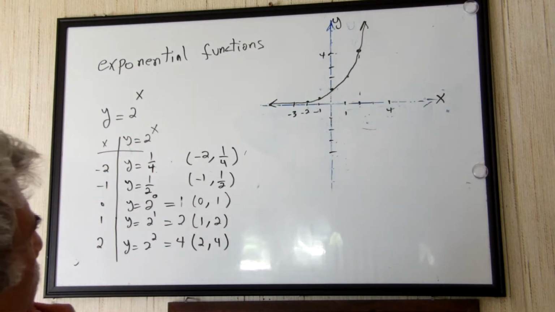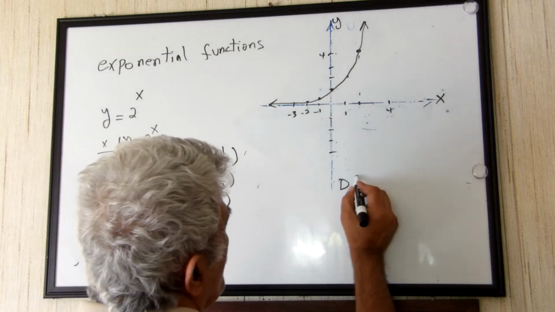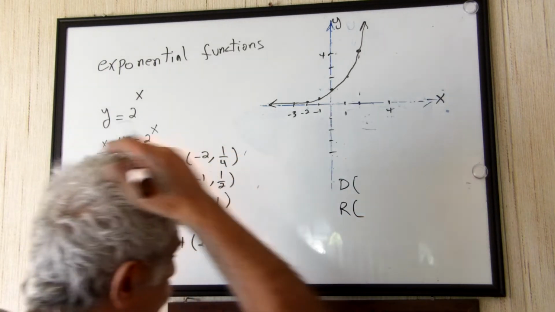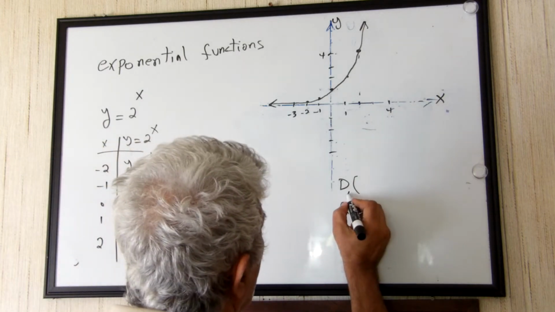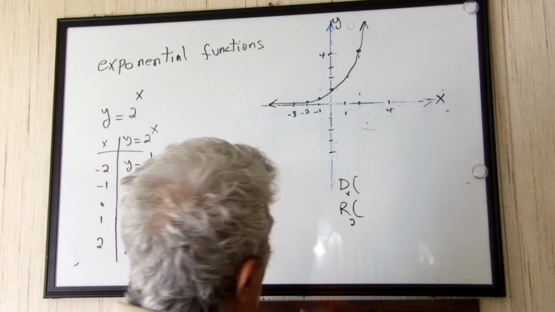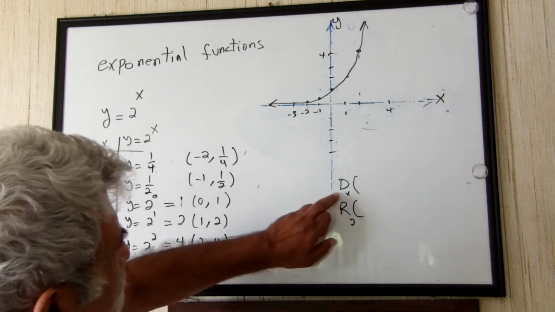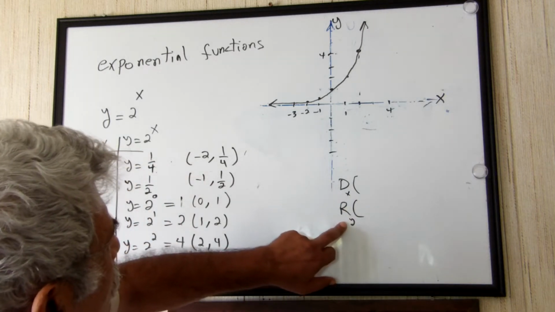So let's talk about the domain and range. The domain is the value of x can get, and the range is the value of y can get.